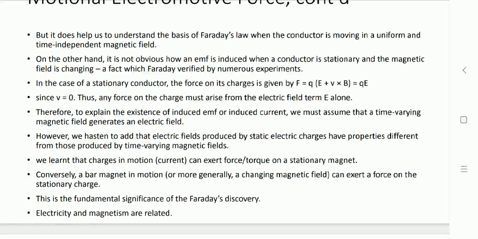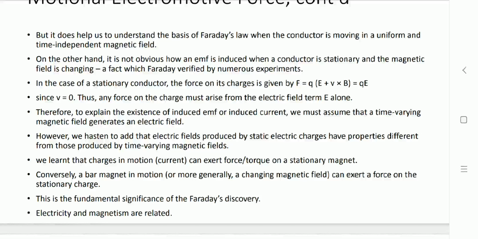So my velocity V is 0. So V cross B gives no result, and my force equation is only QE, which gives us the electric force only. Right? So based on that, we need to assume a time varying electric field.